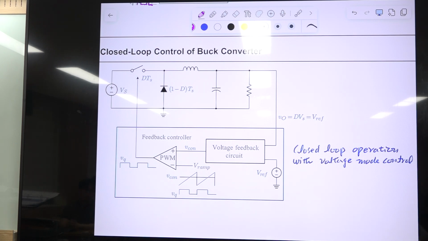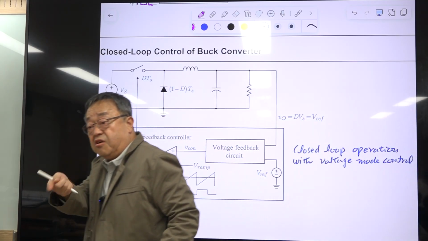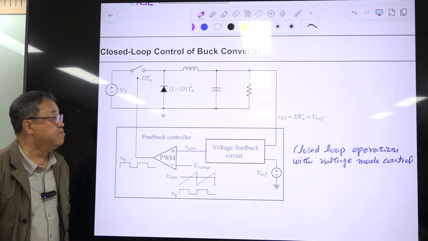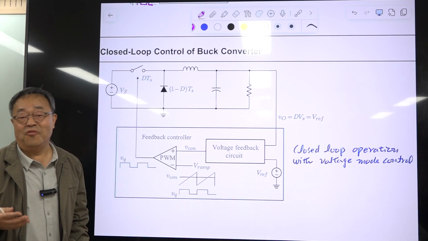So it's called voltage mode control, and some people call it single loop control. In voltage mode control, we are using only one feedback signal derived from the output voltage, and there is one single loop.